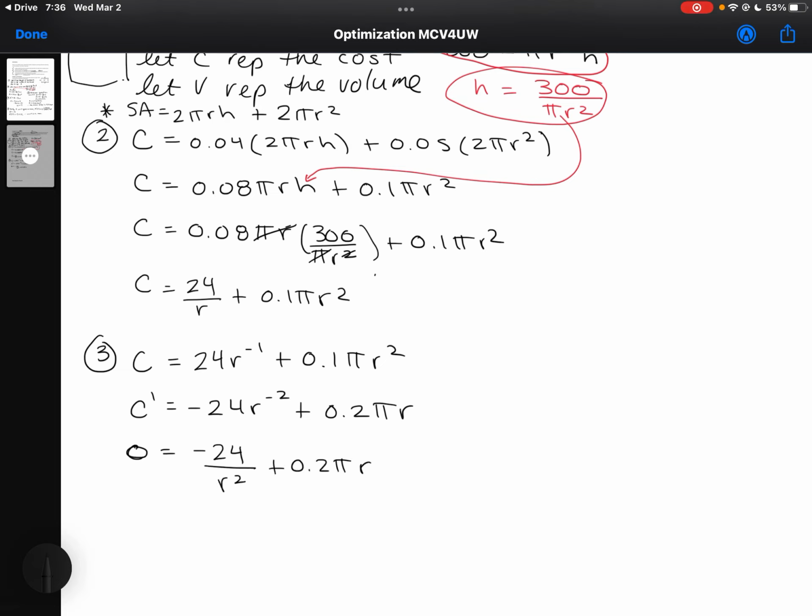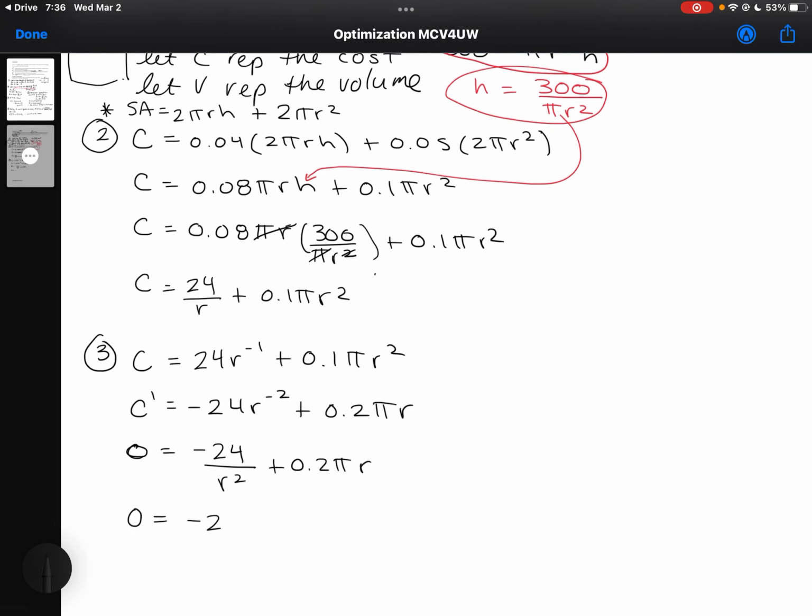In order to do that, I need to add the two terms on my right-hand side. I can do that by finding a common denominator, which means I have to multiply my second term by r squared over r squared. This is going to give me the expression 0 equals minus 24 plus 0.2 pi r cubed over r squared.